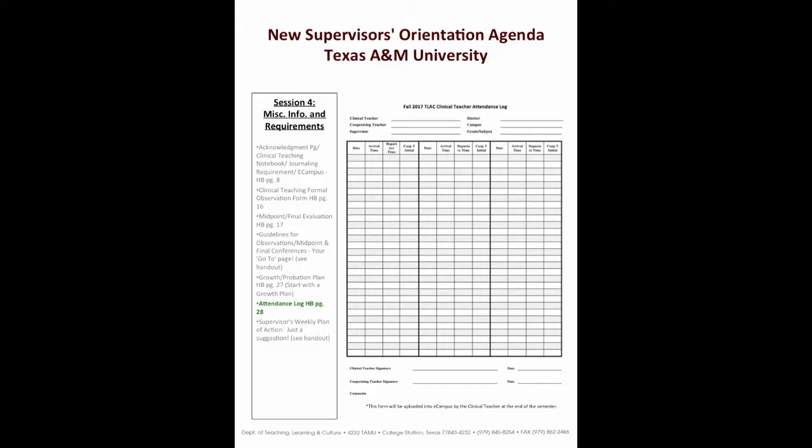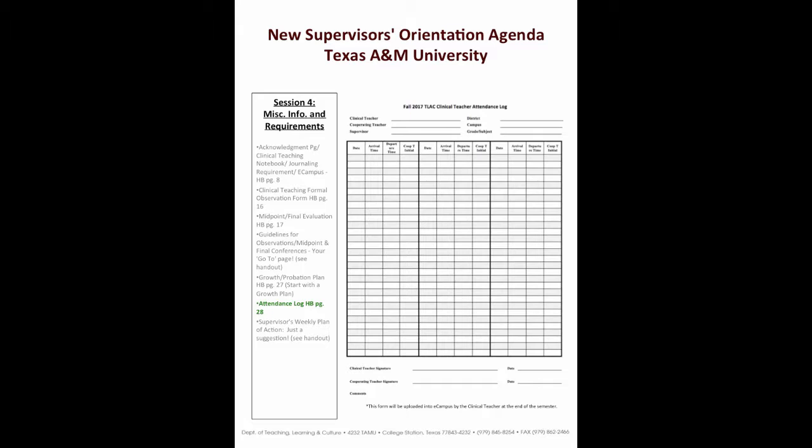For the next slide, you will want your copy of page 28 from the handbook. It is the clinical teacher's attendance log. Clinical teachers will enter their arrival and departure times for each day of clinical teaching. The day for the career fair will not need an arrival or departure time entry.